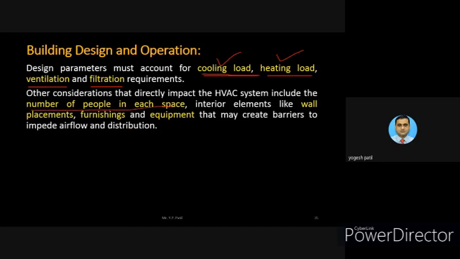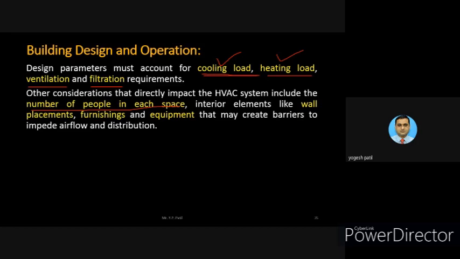It is not a blind game. We should focus on the number of people in each space. There are zones, different types of rooms, and the amount of air delivery and ventilation provided in a space depends on the number of people.